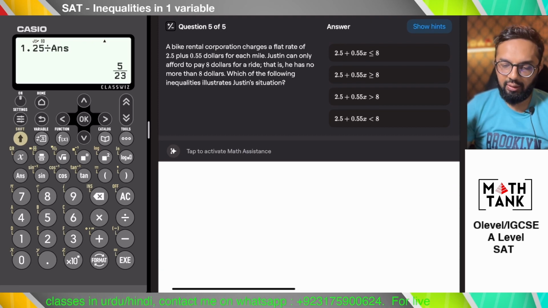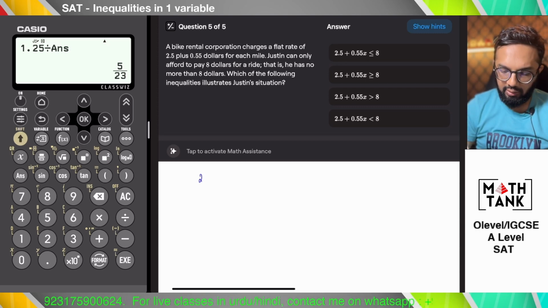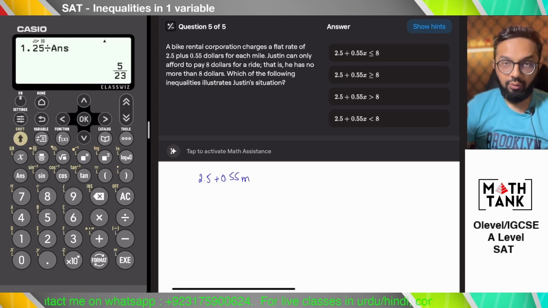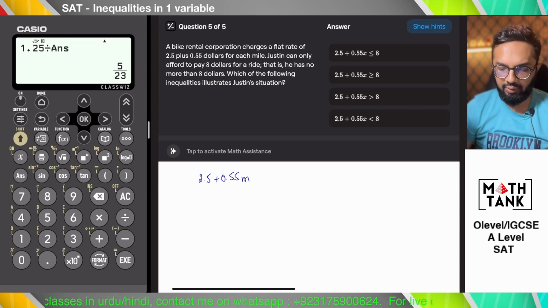It says a bike rental corporation charges a flat rate of 2.5 plus $0.55 for each mile. Justin can only afford to pay $8 for a ride. That is, he has no more than $8. Which of the following inequalities illustrates Justin's situation?